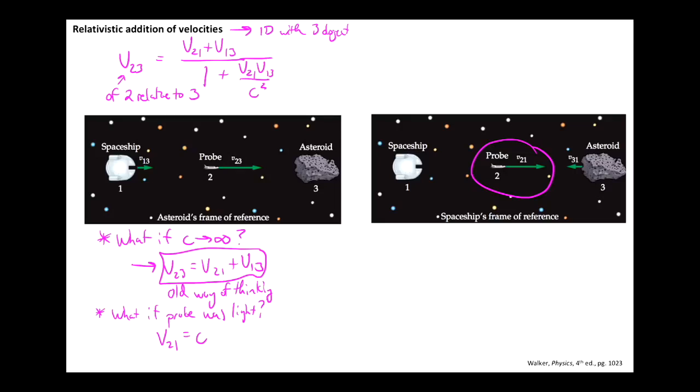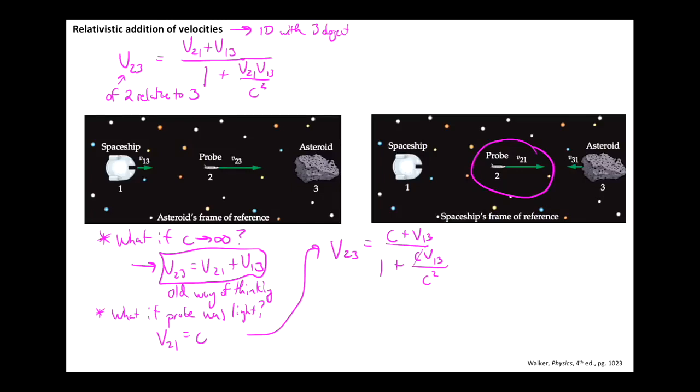And let's see what happens to the equation. So then we're going to have v23 equals c plus v13 over 1 plus c times v13, and I'm just plugging in c everywhere we see v21 over c squared. And what does that simplify to?